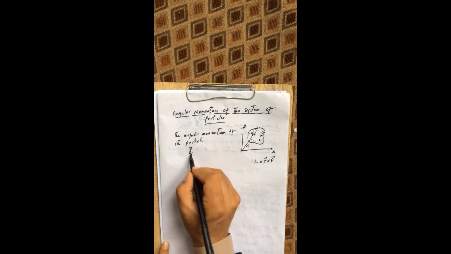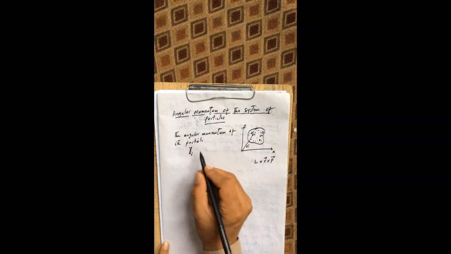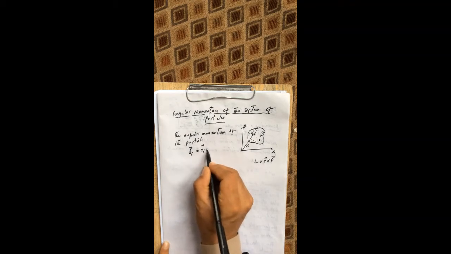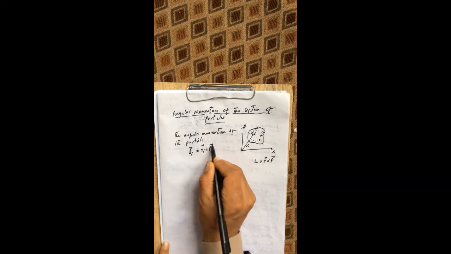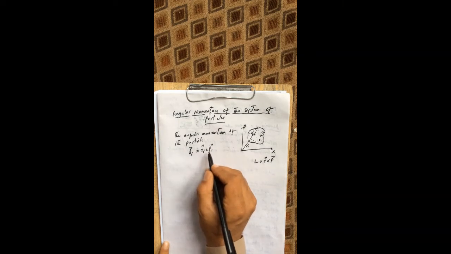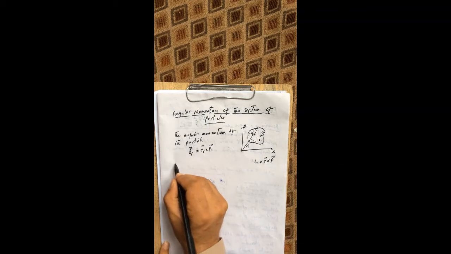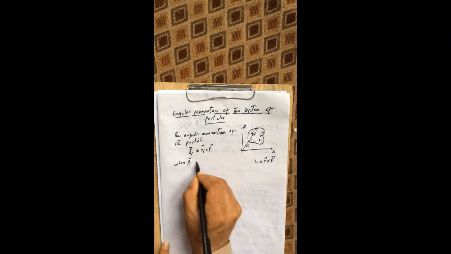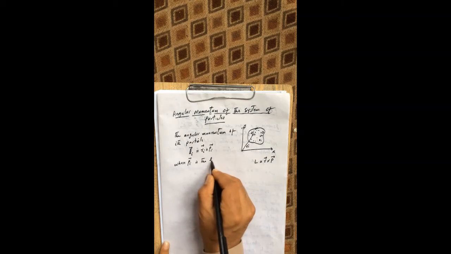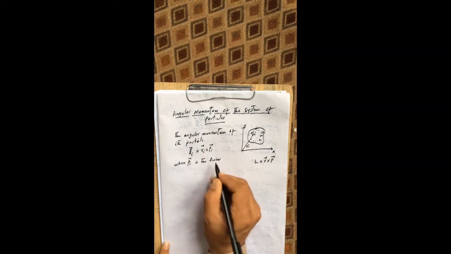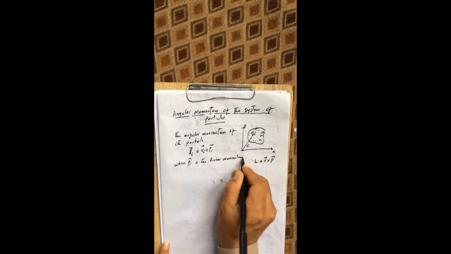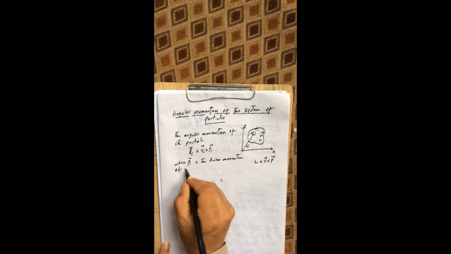That's why I use a small letter here, which is equal to ri cross pi, where pi is the linear momentum of the ith particle.